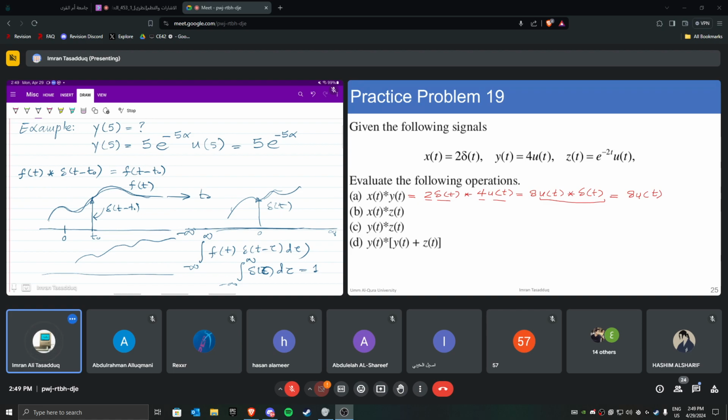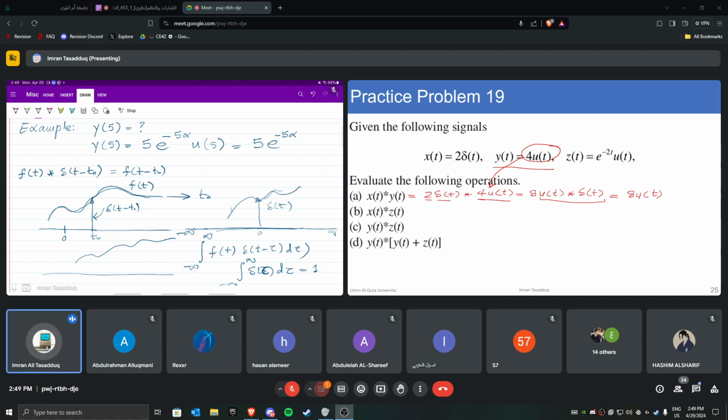Did you get it? But for y of t, is it equal to u of t? No, y of t is 4 u of t. Here, 4 multiplied by u of t, is it equal to u of t? Because u of t goes from 0 to infinity.